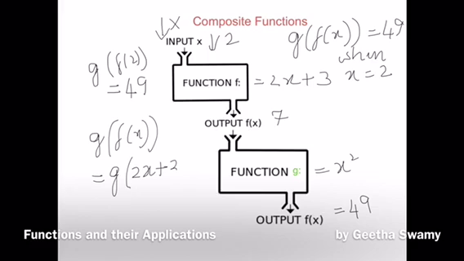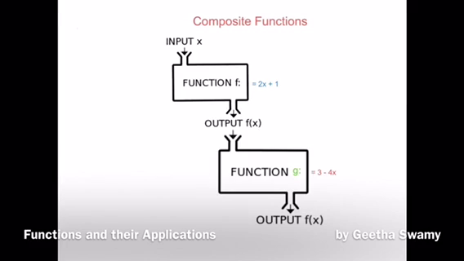And what does the g function do? Whatever I put in, it squares it. So my output will be (2x + 3) the whole squared. Therefore, the definition of the composite function in this case would be g(f(x)) = (2x + 3) the whole squared. Did you get that?